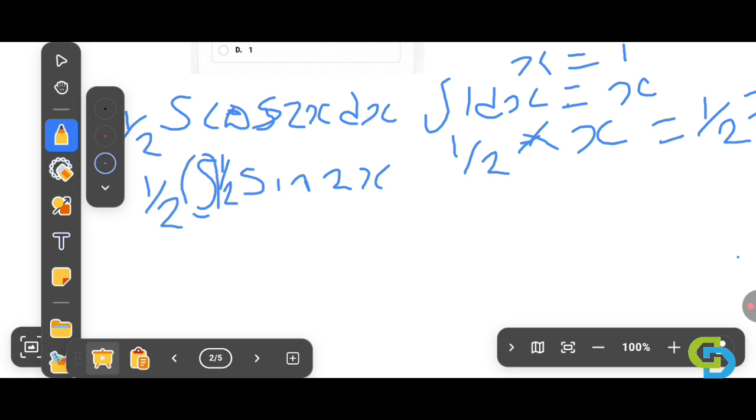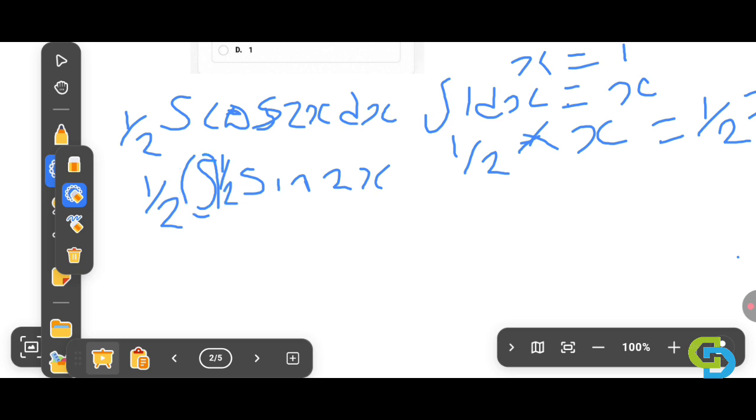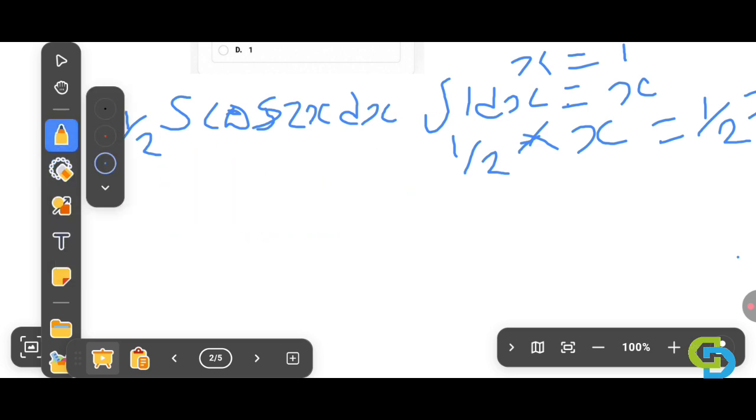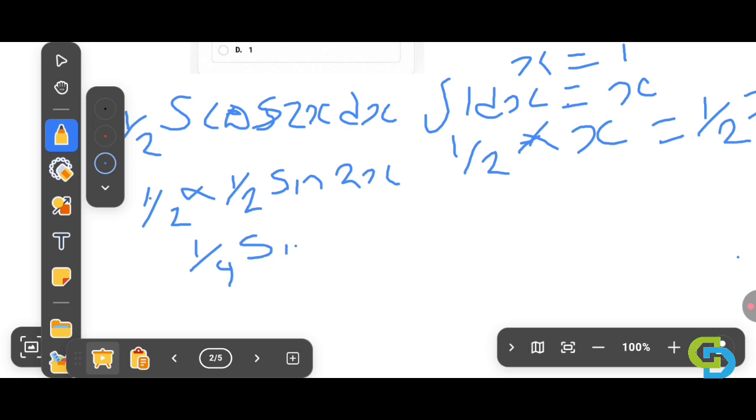We are not going to have this integral again. Let's just rewrite this. So what we're going to have here is 1 over 2 times 1 over 2 sine 2x. If you calculate this, you are going to have 1 over 4 sine 2x. So we have 1 over 4 sine 2x, and that's our answer for this segment.